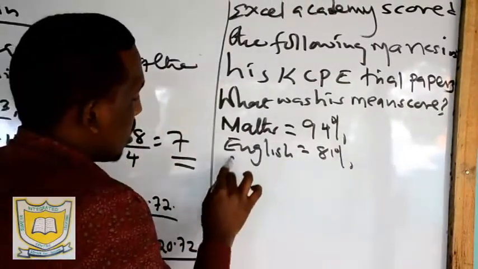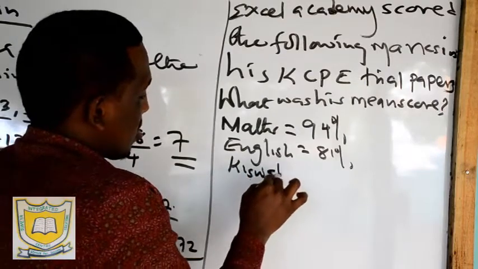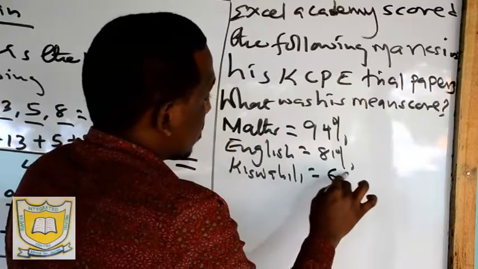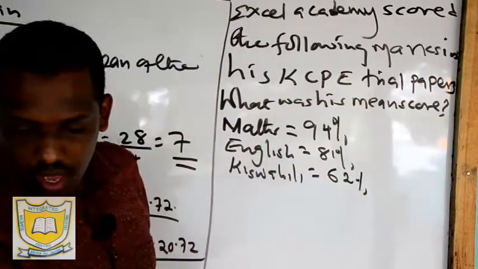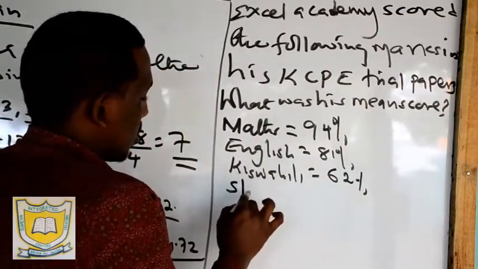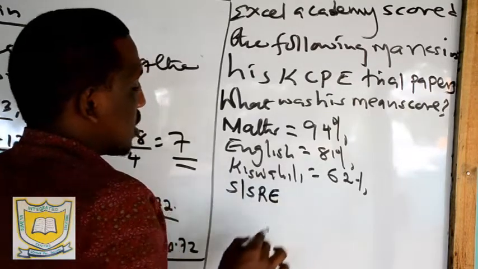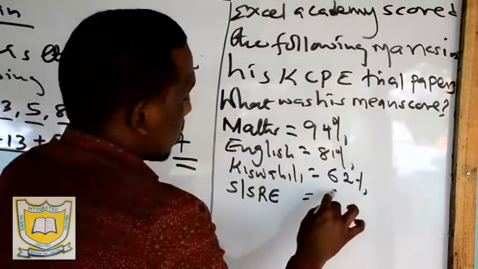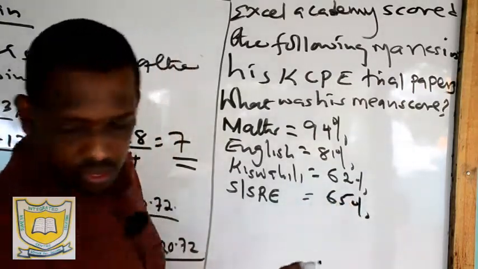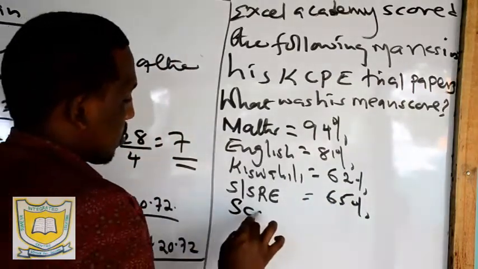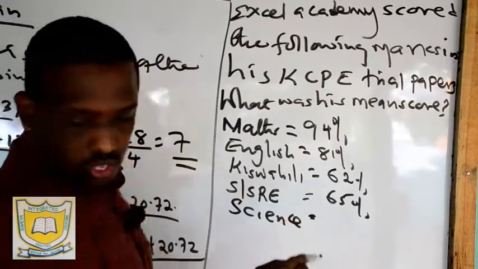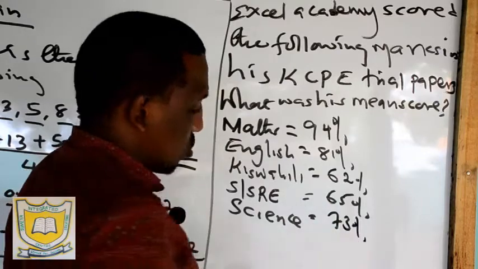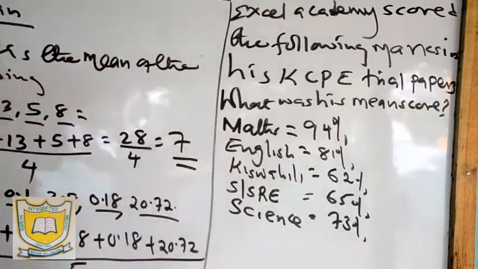Kiswahili, he got 62%. Social studies and religious studies, he got 65%. And then science, he got 73%. So you are told now what is the mean score of this.